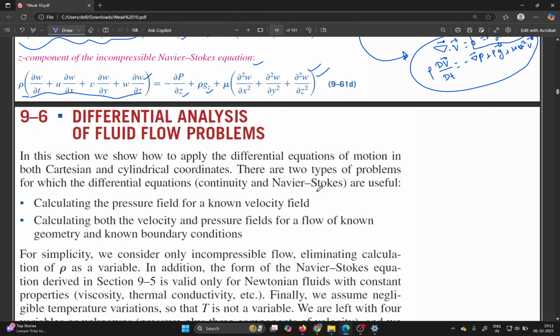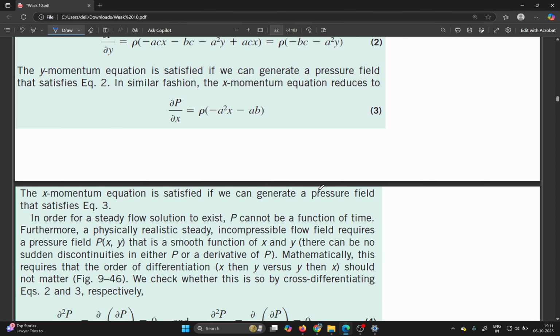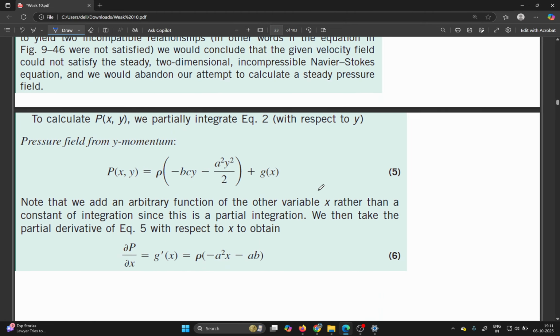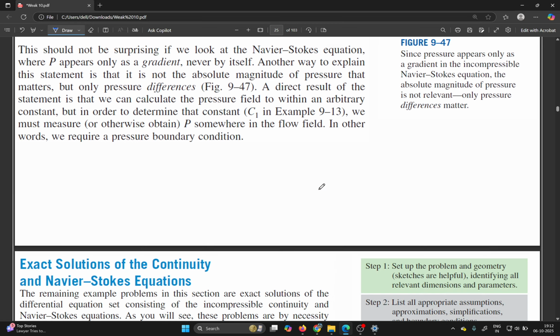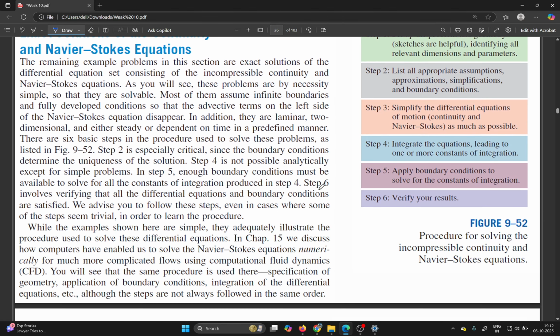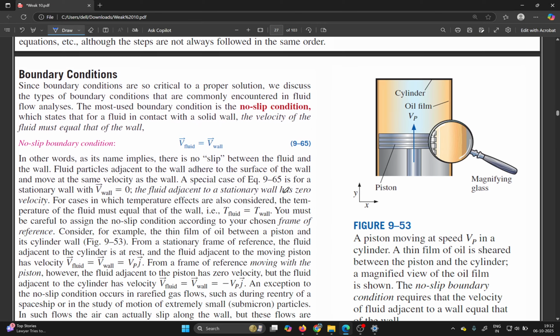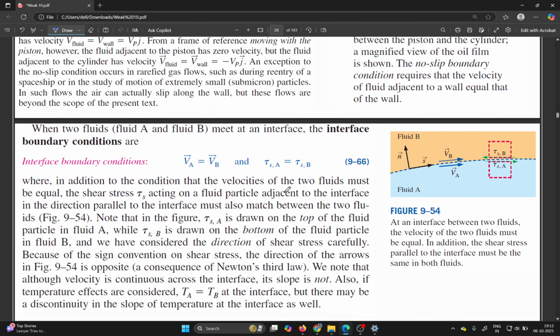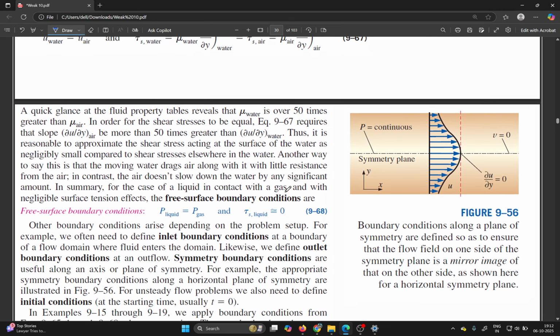So now we'll move on to the direct questions. Here I have some examples, and I will upload this PDF in the Google folder, so you can go through that. One thing also remember please, the complete solution of the Navier-Stokes equation is not possible.